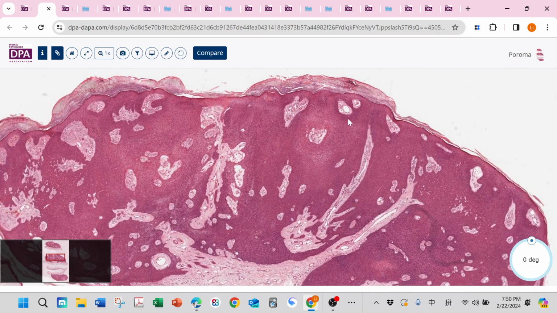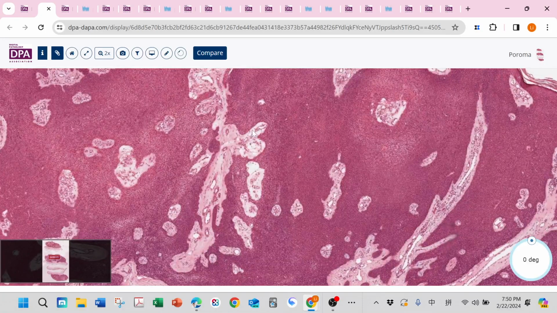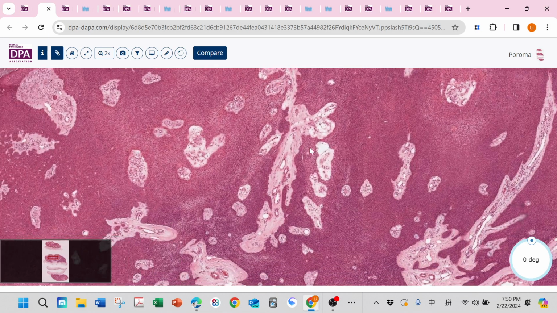Then this poroma stroma also catches your eye, really hyalinized, pale stroma with dilated blood vessels here.